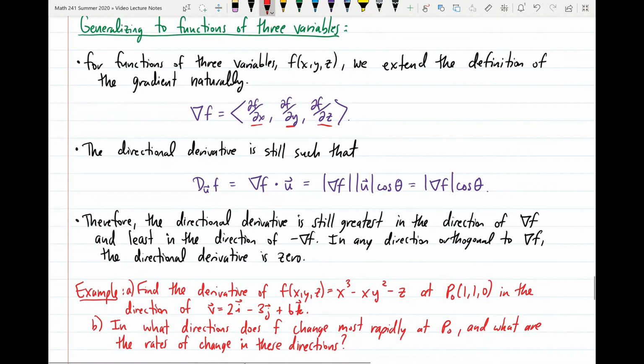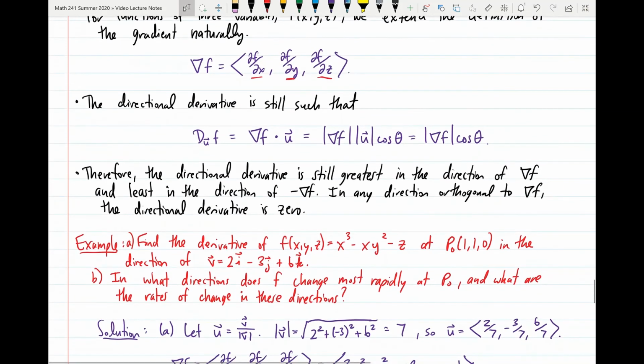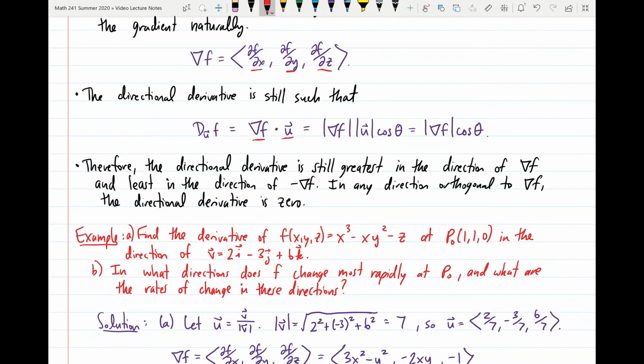And the directional derivative is still going to be basically identical, so it'll still be defined as the gradient of f dot product with the unit vector giving us the direction of our derivative, and this will still equal the magnitude of the gradient times cosine of theta, where theta is the angle between u and the gradient.